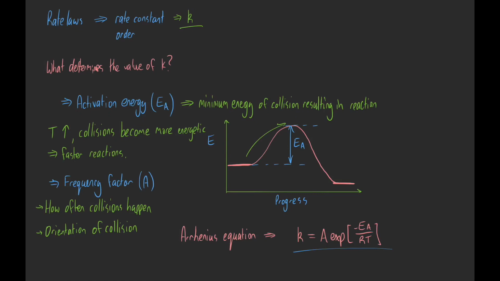So to get an understanding of what an activated complex is, we're going to consider an example of a bimolecular reaction, so a reaction between two molecules, and we're going to consider what happens with two different orientations of those molecules. And we'll see in one case we can actually form this activated complex and our reaction can happen, and in the other case we won't be able to form this activated complex and no reaction will happen.